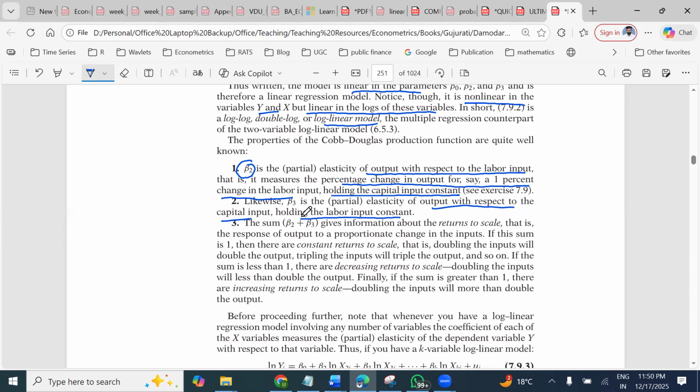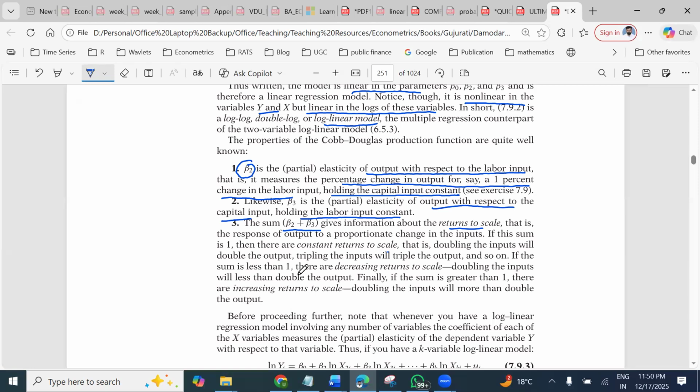Okay, now the summation of beta 2 and beta 3 directly gives you the returns to scale. It means the response of output to a proportionate change in the inputs. So if this sum is 1, then there is constant returns to scale. Then doubling the inputs will double the output. Tripling the inputs will triple the output, and so on.